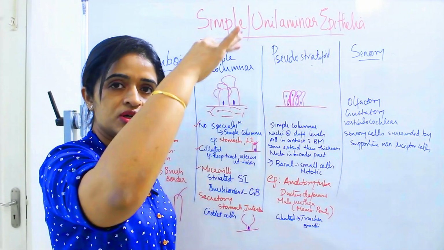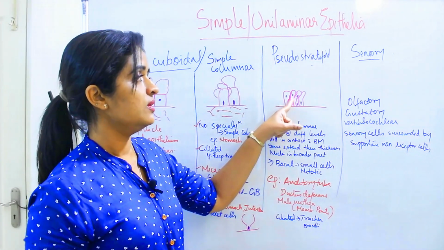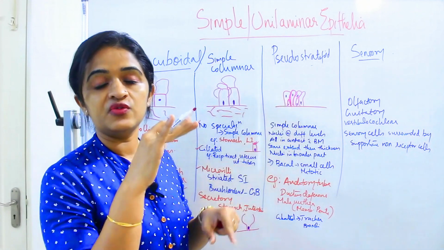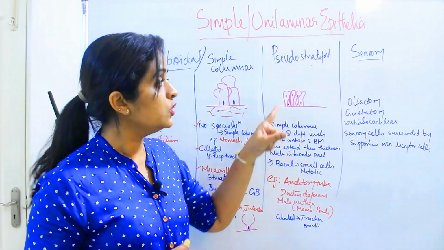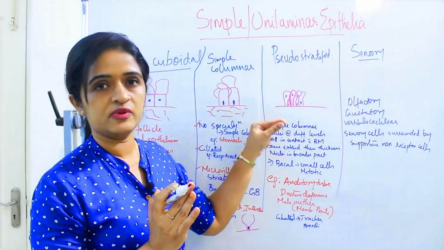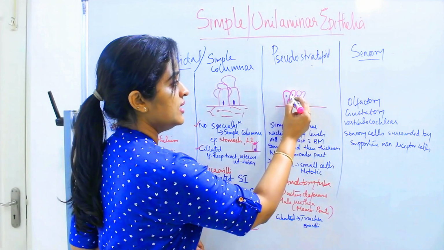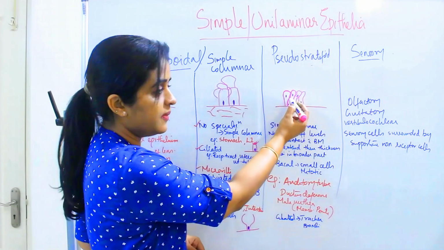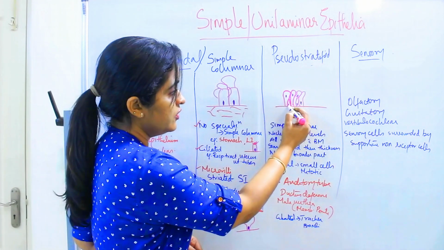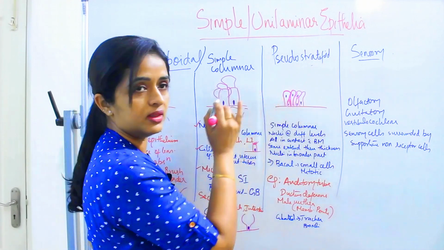Because of the difference in height, what happens? You will get the nuclei at different levels. Why? Because nuclei usually occupy the broader region in this type of epithelium. In this type of cell, you can see that the broader part is in the upper part, so the nucleus is there. If you consider the smaller cell, the broader part is here, so the nucleus is there.